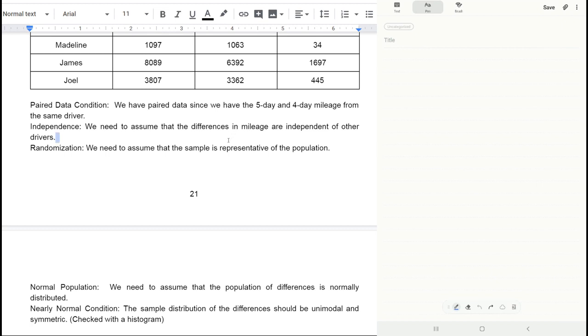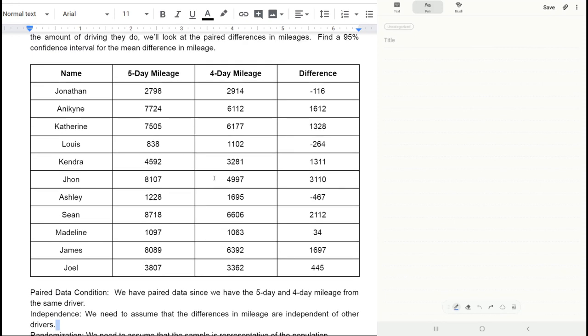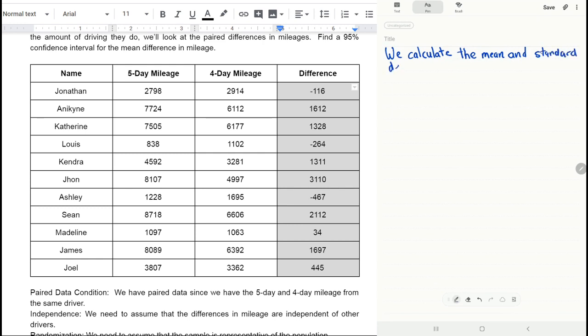All right, so now we'll go ahead and calculate the confidence interval. The first thing that we'll need is to calculate the mean and the standard deviation of the differences. Here we have the differences. We'll first calculate the mean and standard deviation of the differences.